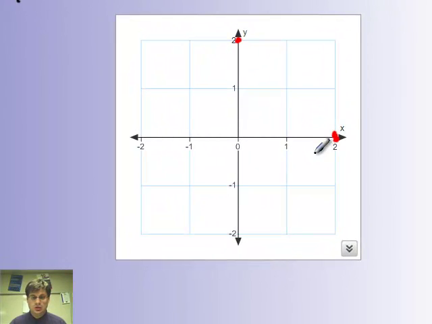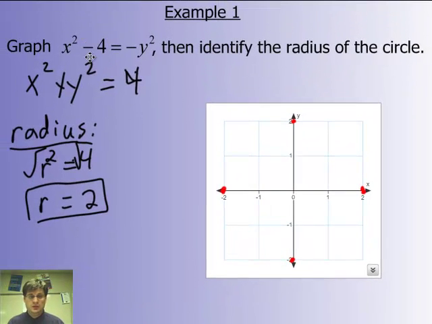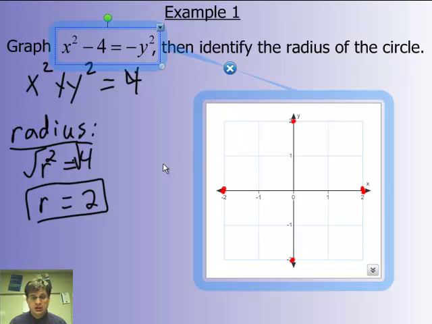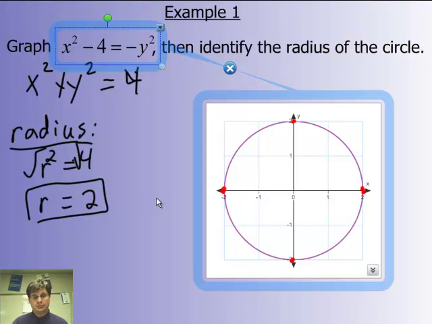So I'll label one on each axis, actually 2 on each axis, like so, and then I will connect them in the best circular fashion that I possibly can. Anyway, I'm going to cheat here and do it this way, and there's my circle. If you really want to be particular about it, this would be a good time to break out the old compass and make a really nice looking circle.